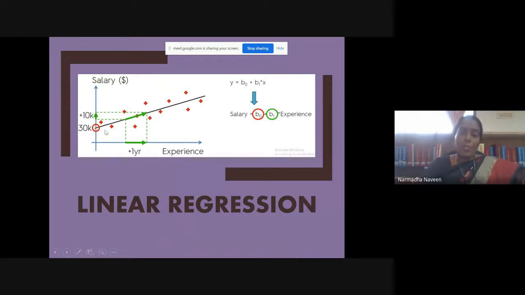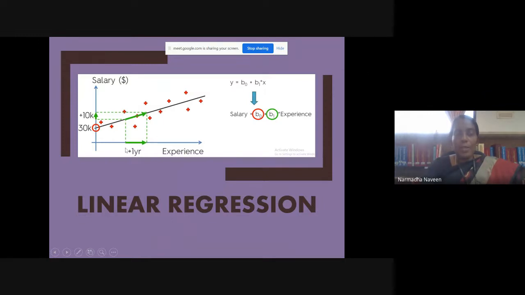How could this be done? For this, the best fit line gives us better help. Say this is the person with 4 years of experience, and let us imagine this point represents the person with 5 years of experience. The difference between 4 and 5 is just 1 year.